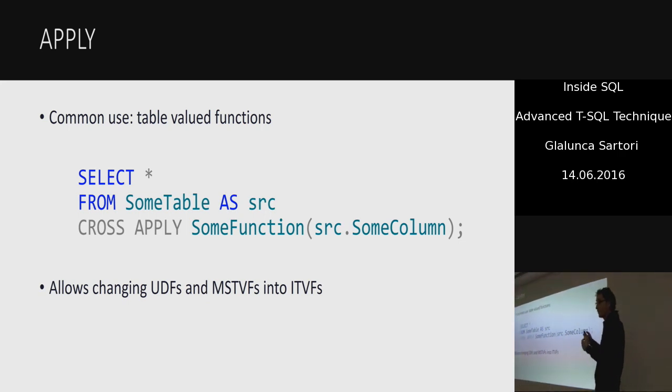And this is the most typical use of the apply operator. Also is useful for changing some UDFs, so scalar function, into inline table value functions, which is something you couldn't do in SQL Server 2000.